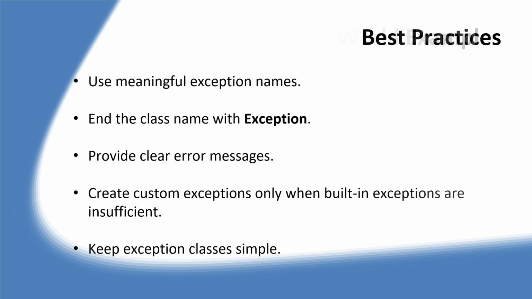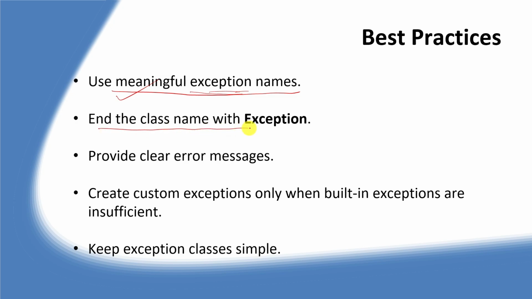Okay. So there are some best practices we should follow. We should always use meaningful exception names, so that if someone else is looking at the code, looking at the exception, then he or she should be able to understand what this exception is and why it is coming. Okay.